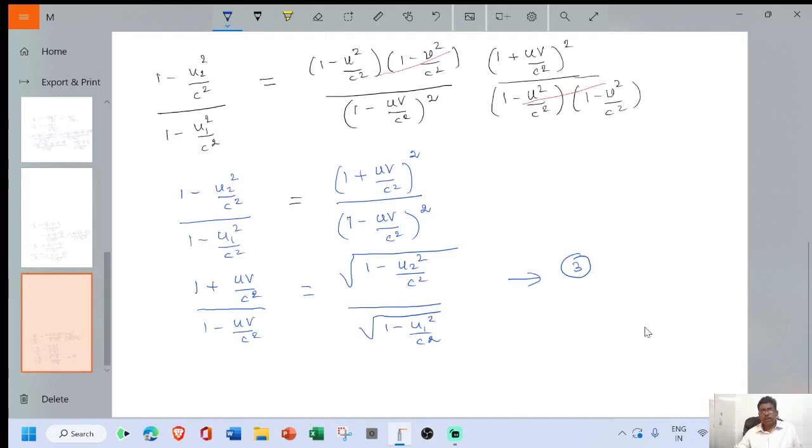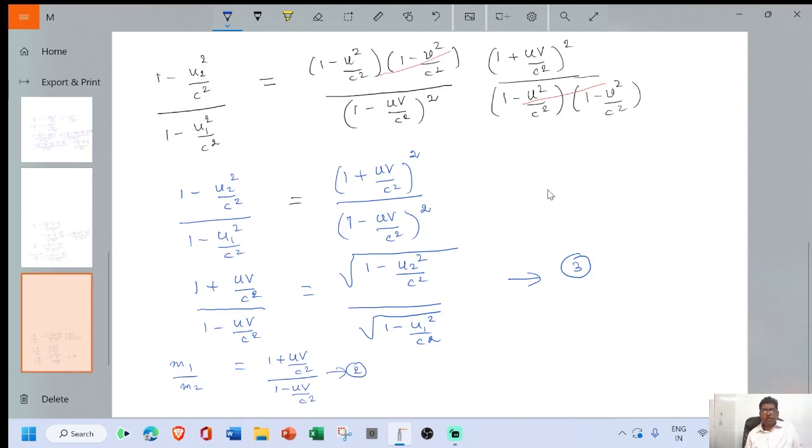Say this is 3. From the equations 2 and 3, you know the equation 2, m1 by m2 equal to 1 plus uv by c square divided by 1 minus uv by c square. Say this is equation 2.